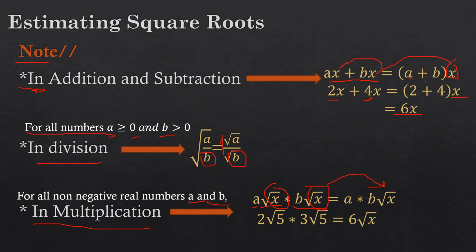And here, for example, we put 2 and 3, and for x we put 5. So you will multiply 2 by 3, 2 times 3 will be 6. For x, we have 5, the same thing, so it will be just 5. X is 5. Okay, student? So easy.